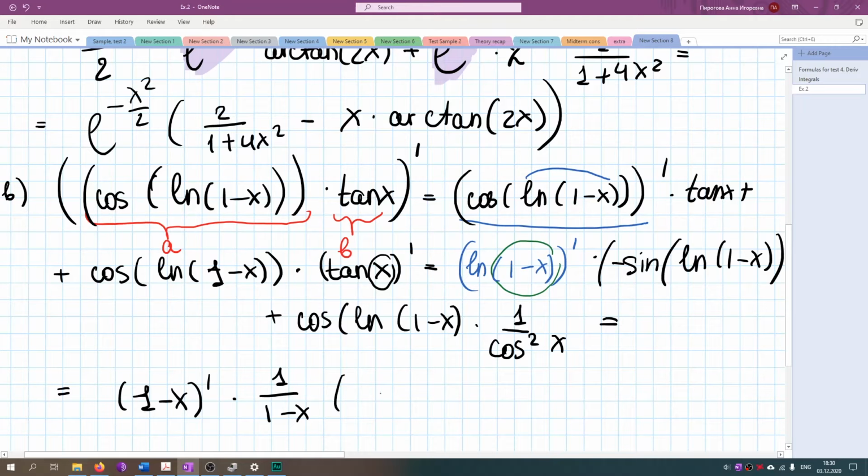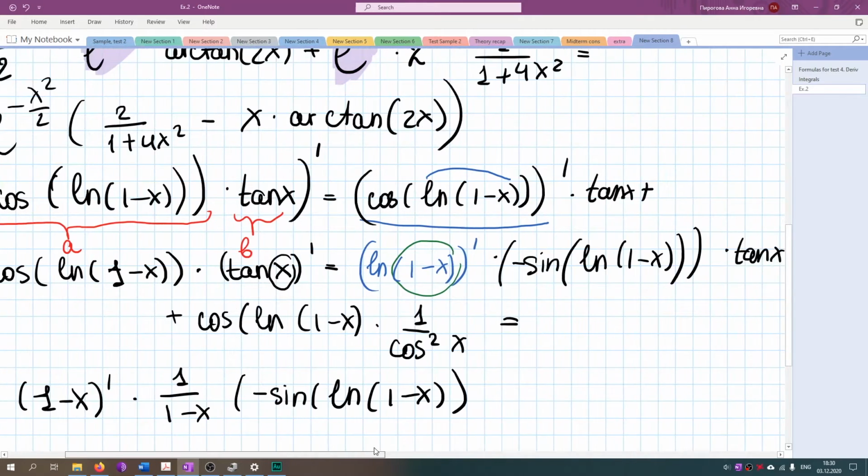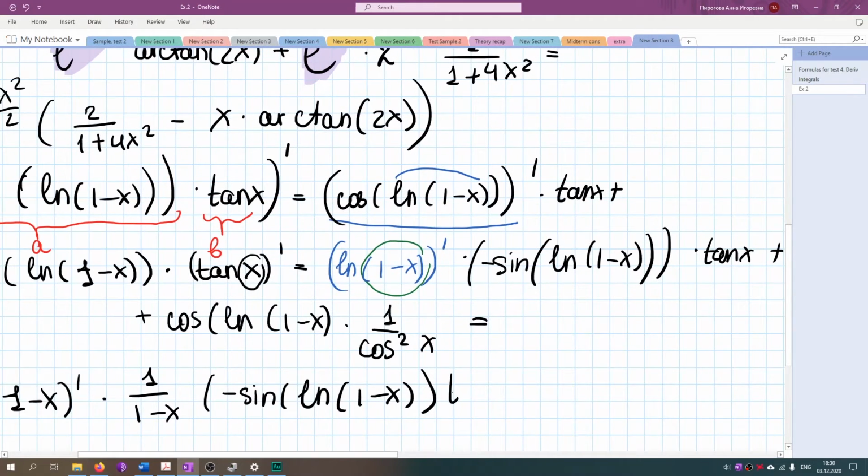Then we will need to multiply by minus sign, this function by tangent. Oh, there should be one more bracket.